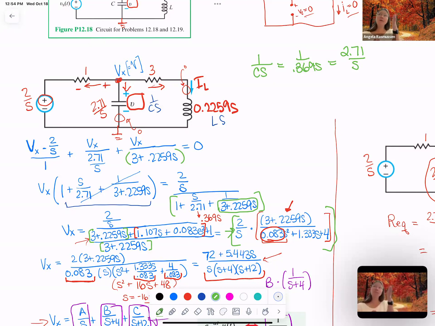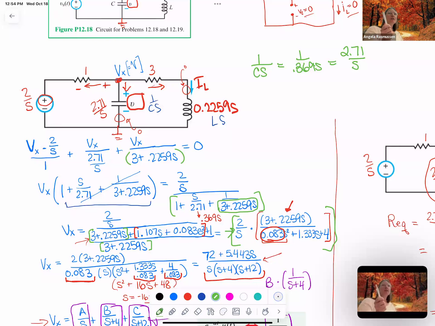You have to. In order to do the partial fraction expansion, it has to be of the form S, where it's 1 in front of it, plus some number. When you factor it, this is called the standard form. So you always have to bring out any number in front so that it's S alone.